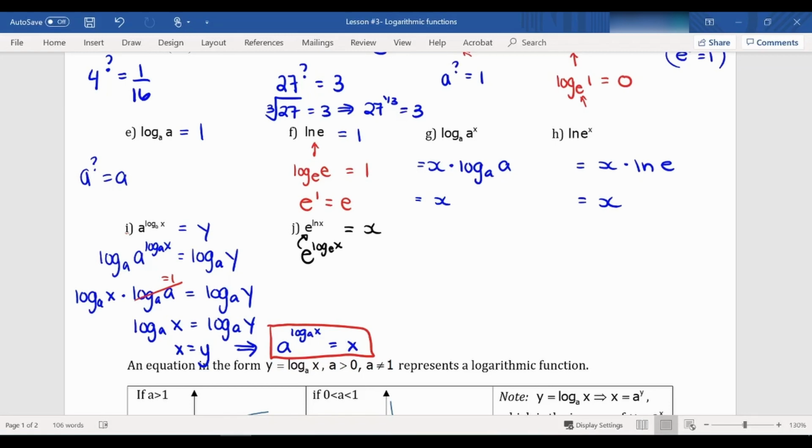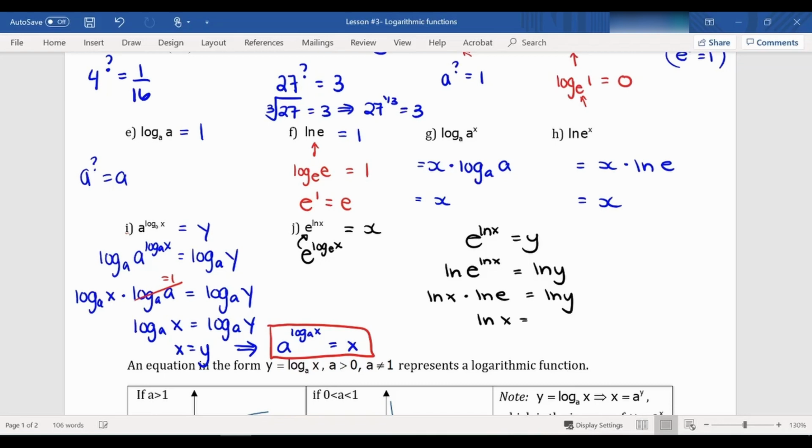I could say e to the ln x equals some number y. I would ln both sides, because when you log both sides, you want to use the same base as you have in your exponent. So if I ln both sides, I can bring the exponent down. Ln e is 1.